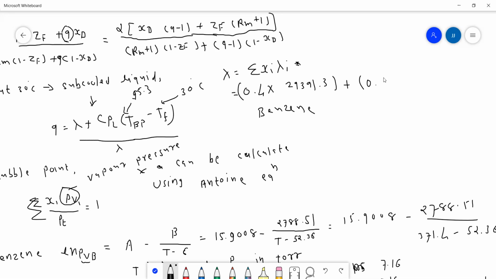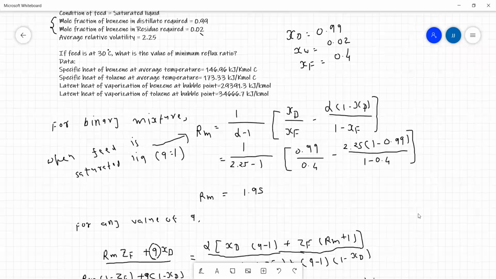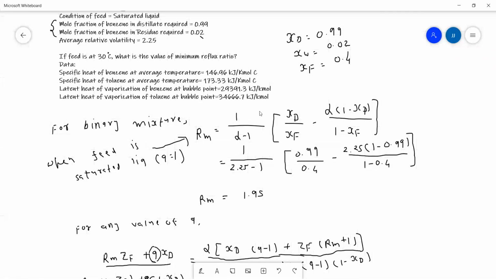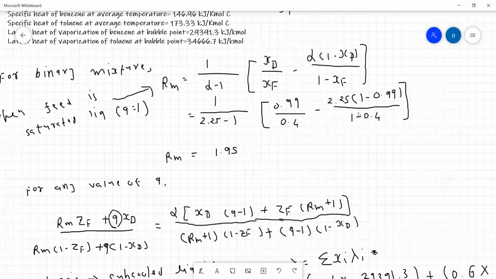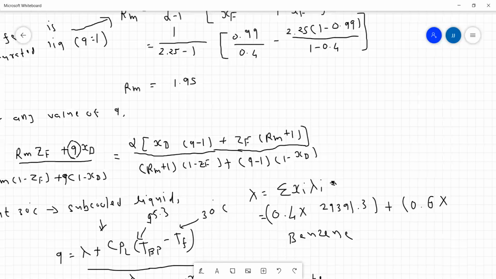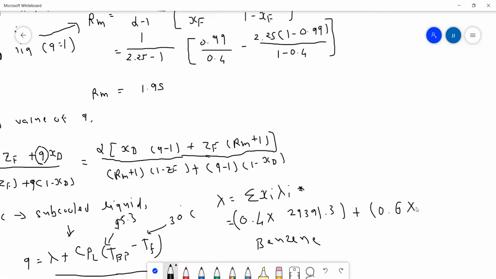Now it is 0.6, multiplied by the latent heat of vaporization of toluene. So how much is given? 34666.7 kilojoule per kilomole, and multiply by 0.6, sorry, 0.6. That is for toluene.